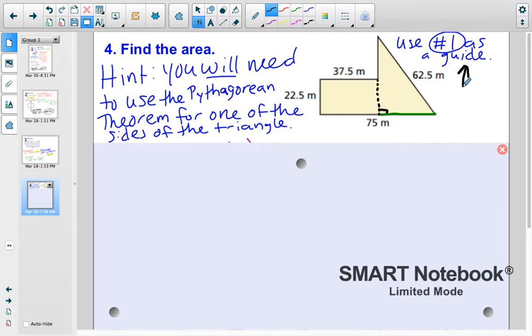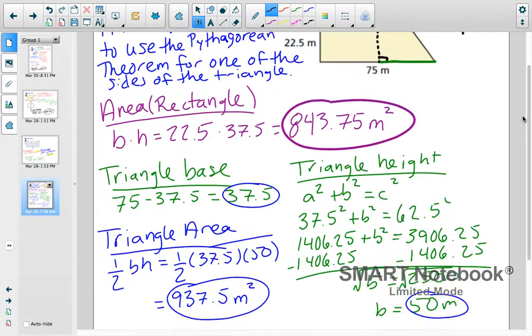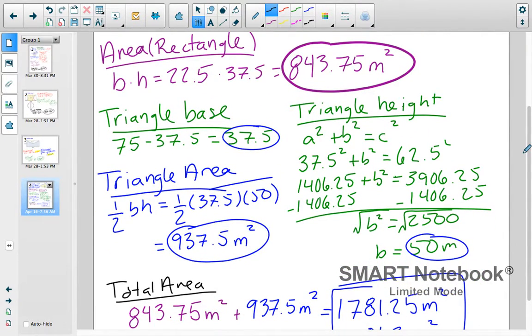Okay, hopefully you've had enough time to pause the video and take a look at number 4 for yourself. I'm going to remove the blind and show you my work. There's a lot here, so I'm going to scroll down. So again, start with the area of the rectangle. Then you need to find the base and then the height of the triangle. To find the height, that's where you need to use the Pythagorean theorem.